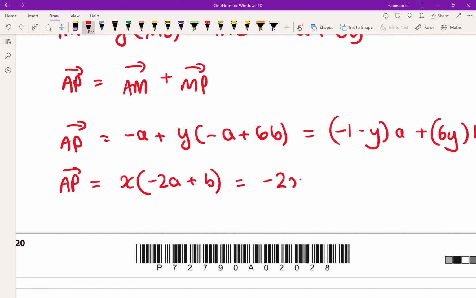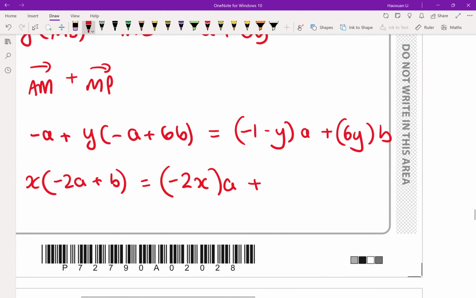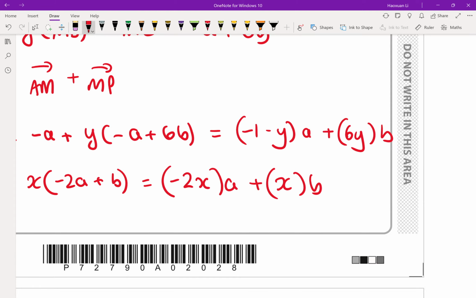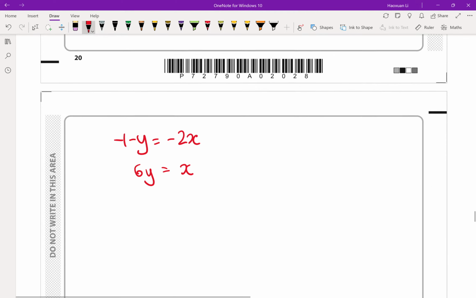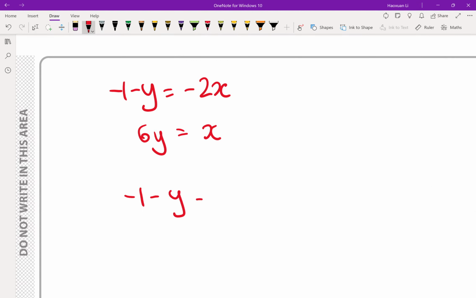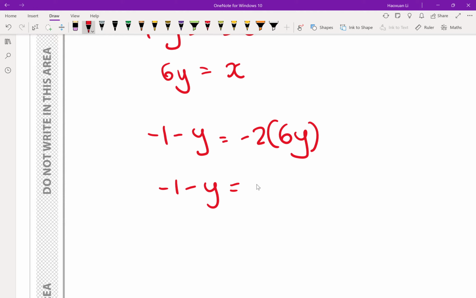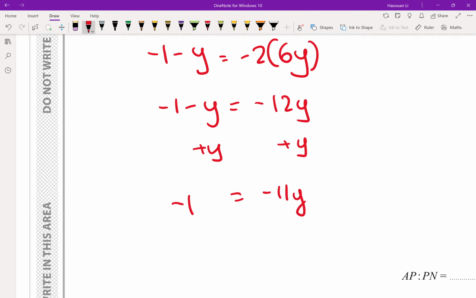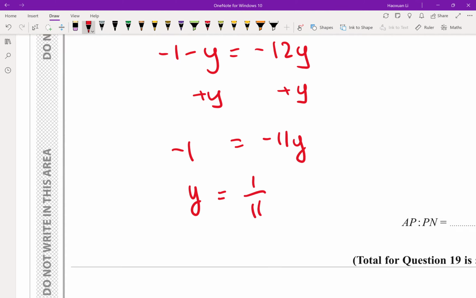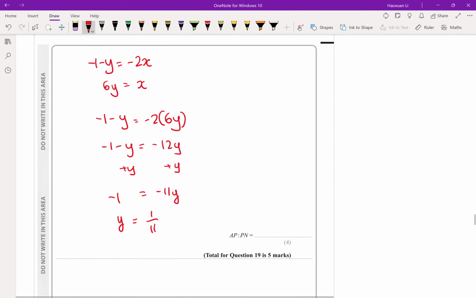And here will be negative 2X A plus X B. So therefore, negative 1 minus Y equals negative 2X and 6Y equals X. Therefore, negative 1 minus Y equals negative 2 times 6Y, and then negative 1 minus Y equals negative 12Y. So if you bring the Y here, you add Y on both sides, this should give negative 11Y equals negative 1, and Y should equal 1 over 11 if you do the division properly.